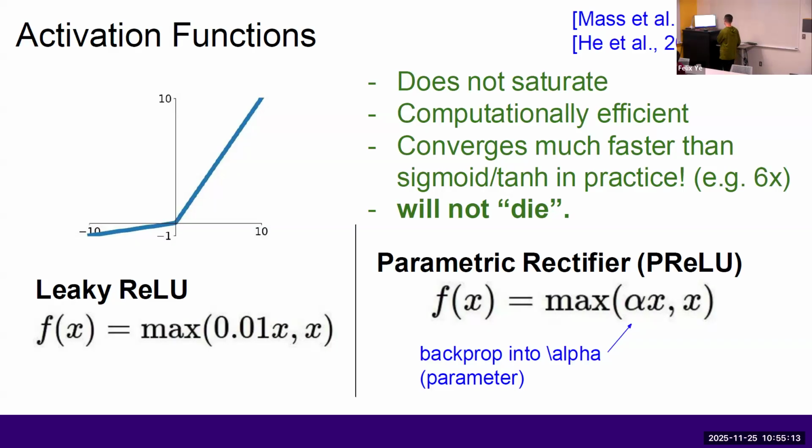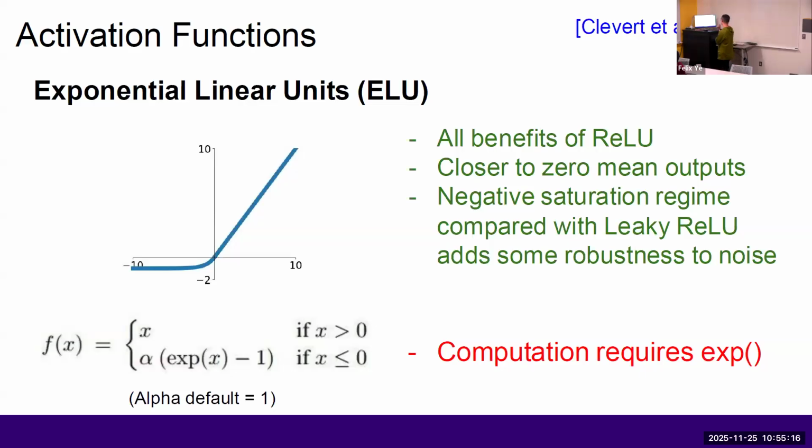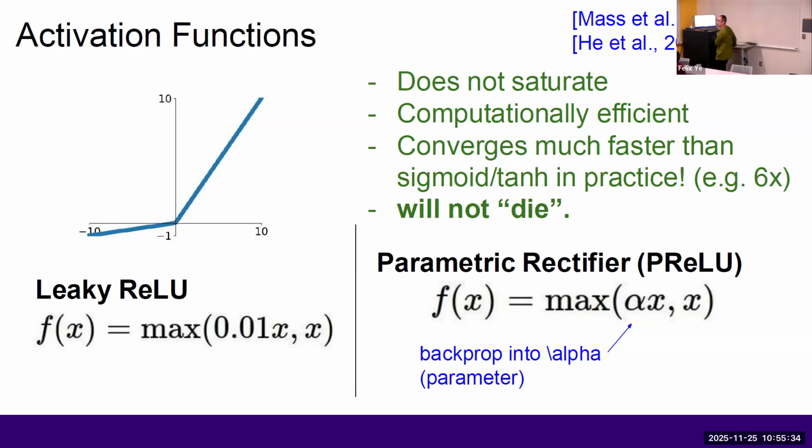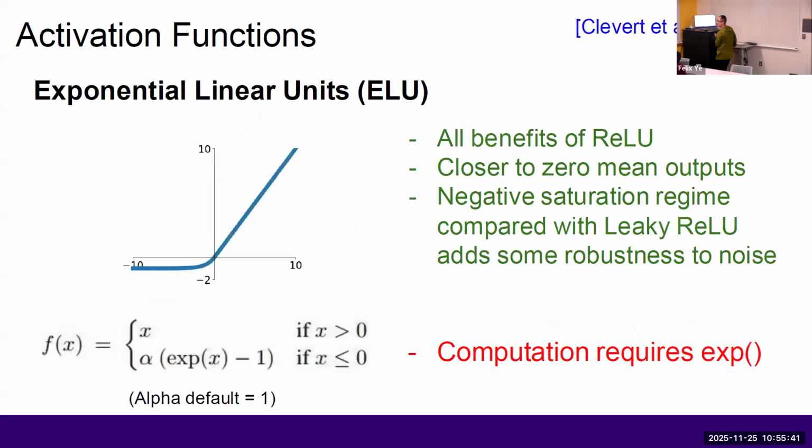All right. Okay, then this is also extremely popular. It's called ELU, the exponential linear unit. Compared to leaky ReLU, if x is bigger than zero, it's always equal to x.